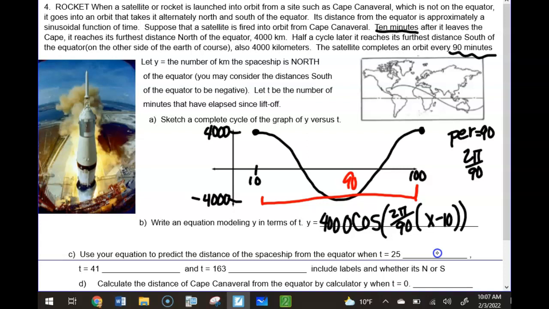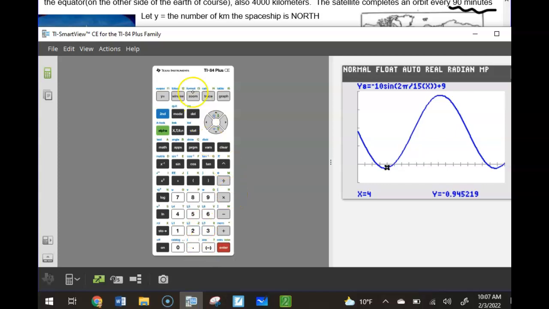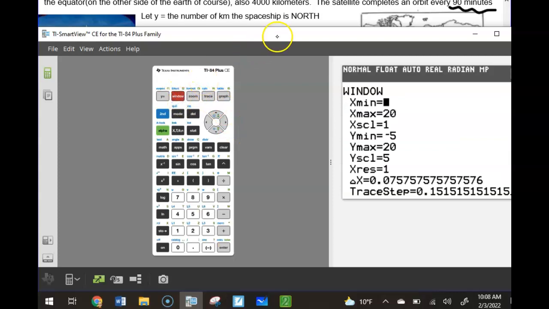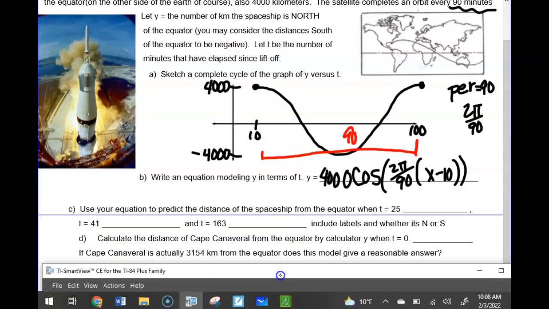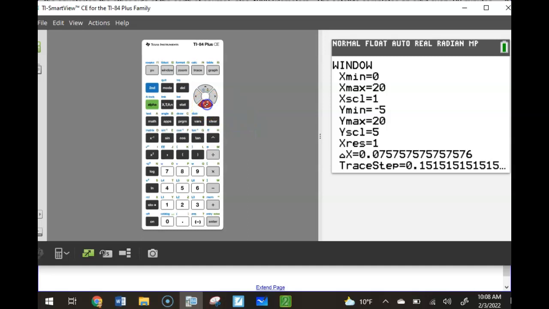Figure out a window that works. How long? Down at the bottom it says goes out to one. We have a question about 163 seconds in, right?